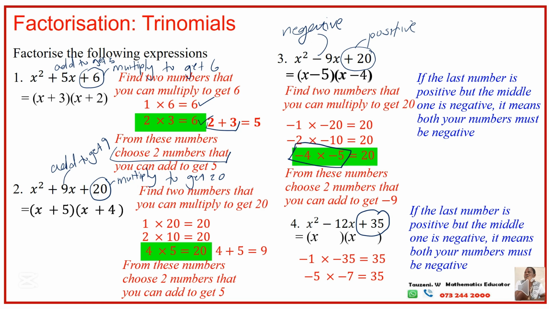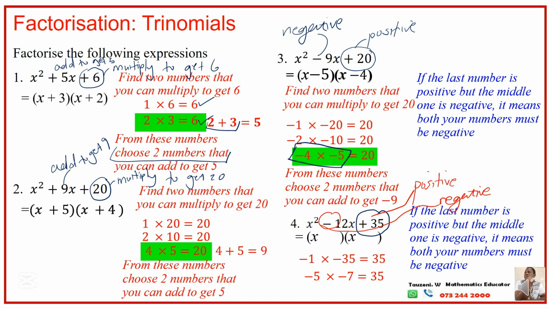If your last number is positive, but the term in the middle is negative, very important. Then it means that both your numbers that you're going to use must be negative, both of them, because a negative and a negative multiplied will give us a positive answer.